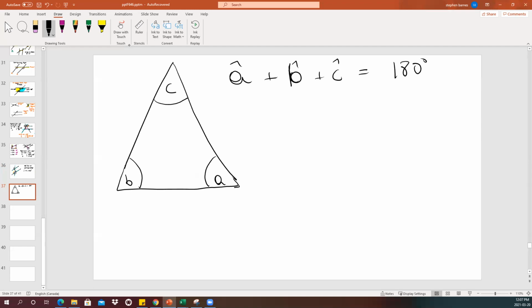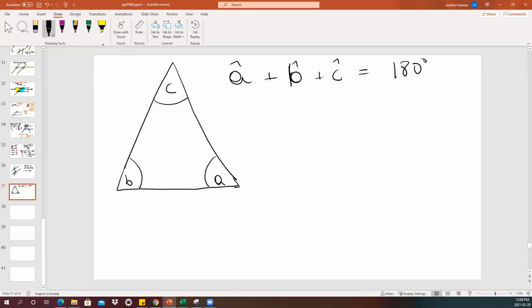Now, we can refine this rule somewhat. Depending on the type of triangle, there are some things that we have to note with this rule, right?